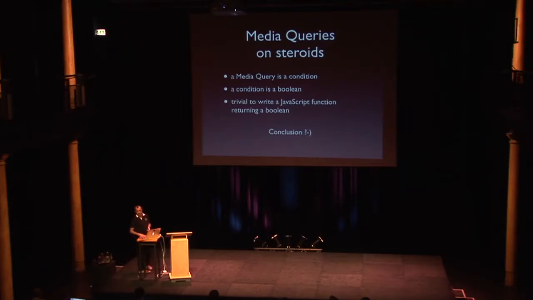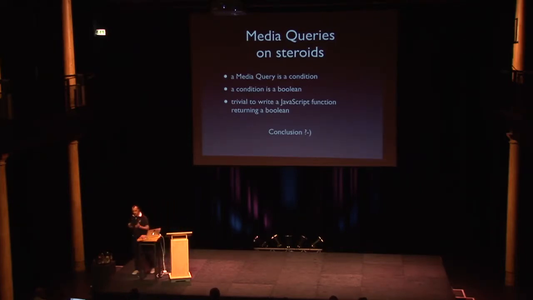What's the next step? Tab introduced it in his talk, extensibility of CSS. As I said before, a media query is a condition. It's a Boolean. It's true or false. And there's nothing easier than writing a JavaScript function that returns true or false.